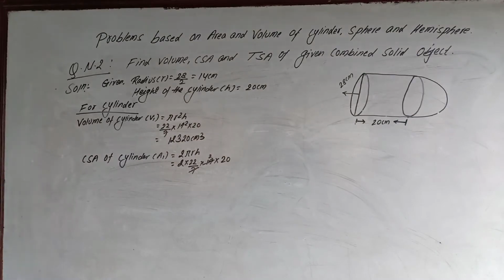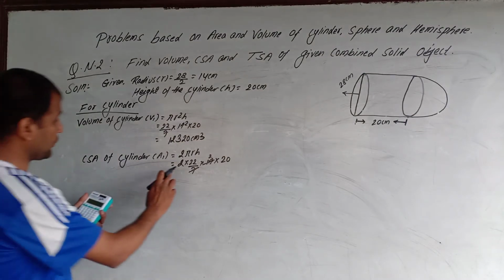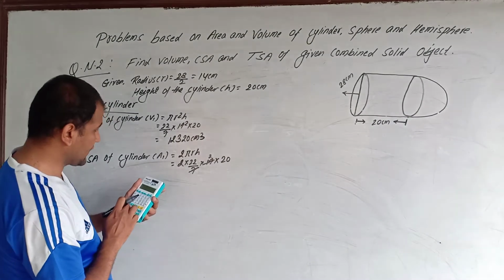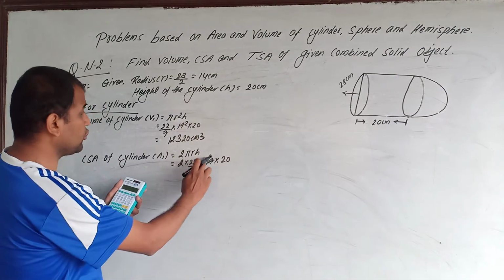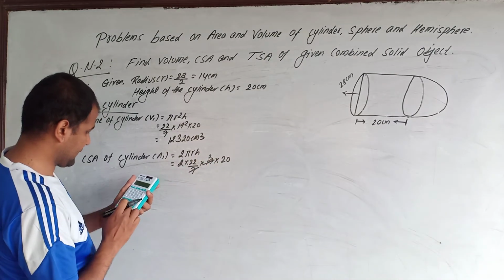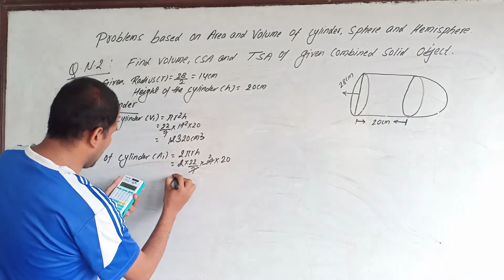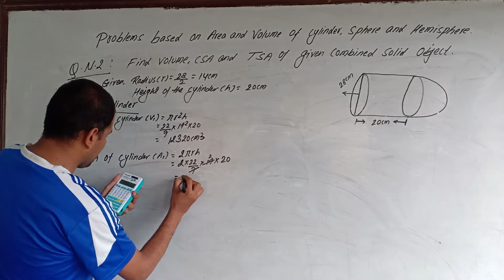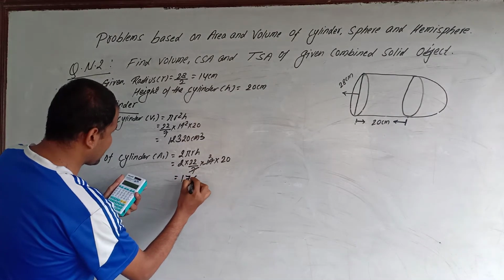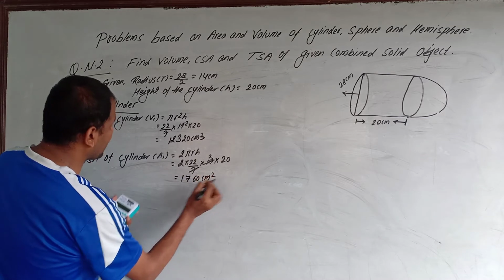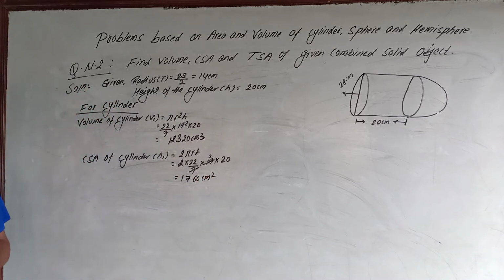So we calculate here 2 into 22, that is equal to 44, into 2 into 20, 40. That is equal to 1760 centimeter square, which is the curved surface area of the cylinder.